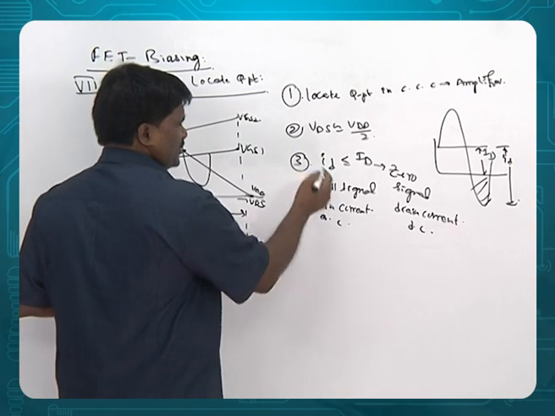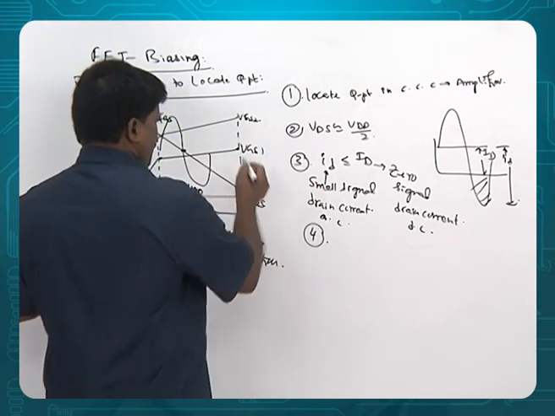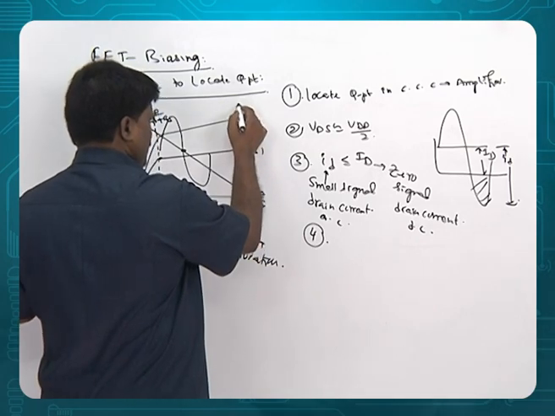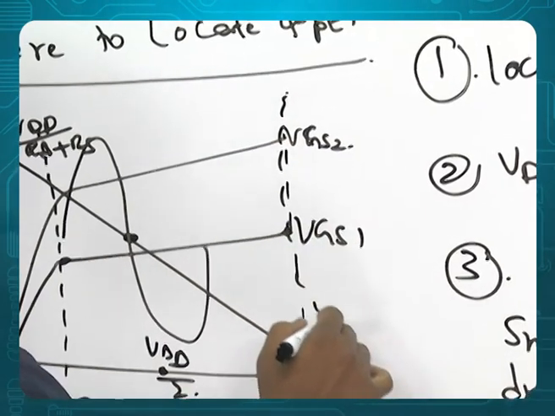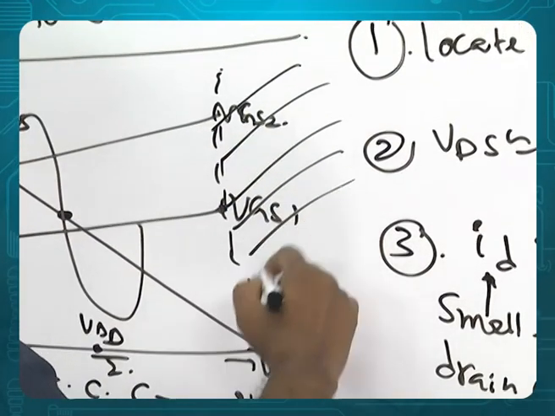This is another good thing to see on how to really locate. Suppose you see this region, we call this region the breakdown region.